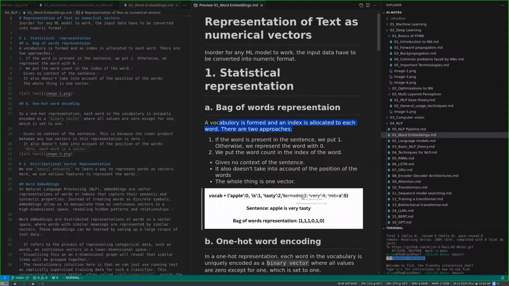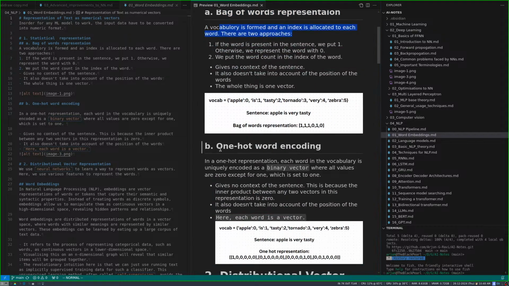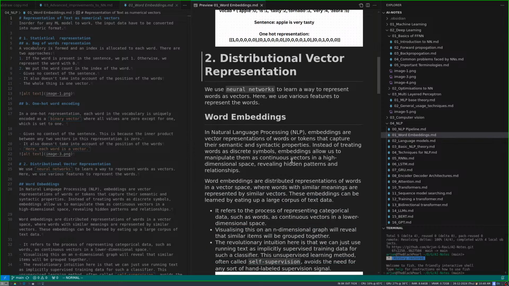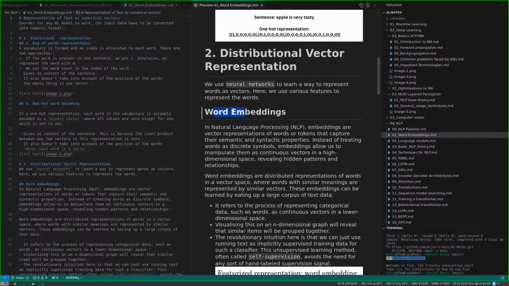We will form such a vocabulary. One-hot encoding: we take the same thing and convert them to one-hot form. Distributed representation, that is using neural networks. Word embedding, so these are learned embeddings. Instead of treating words as discrete, the embedding allows us to represent them as continuous vectors in a higher dimensional space with hidden patterns and relationships.